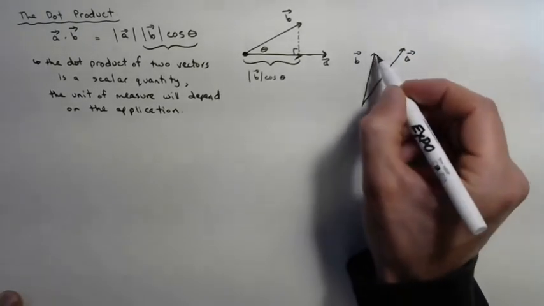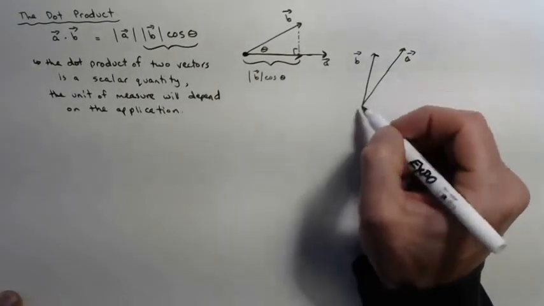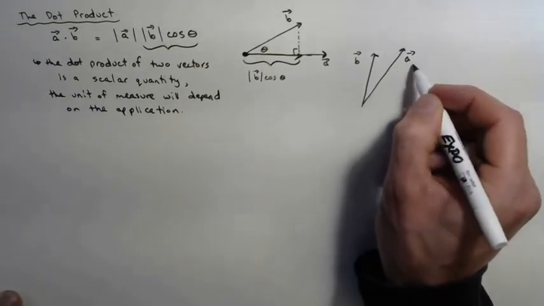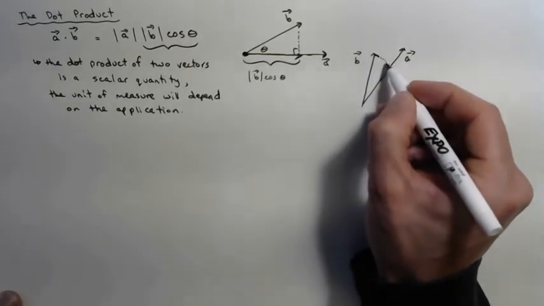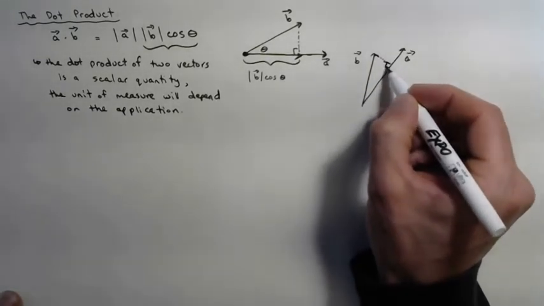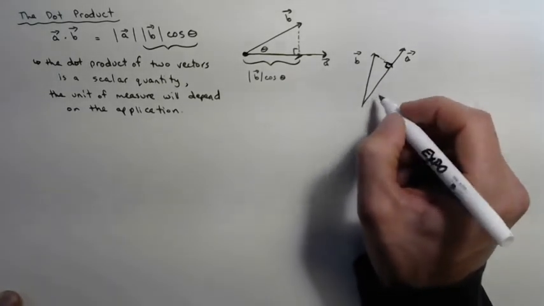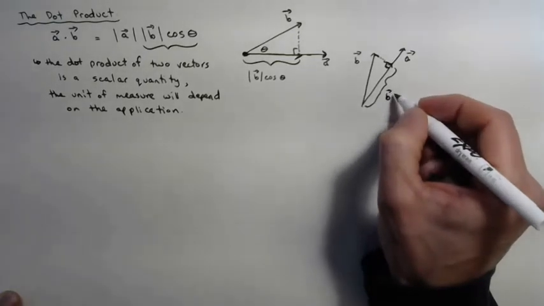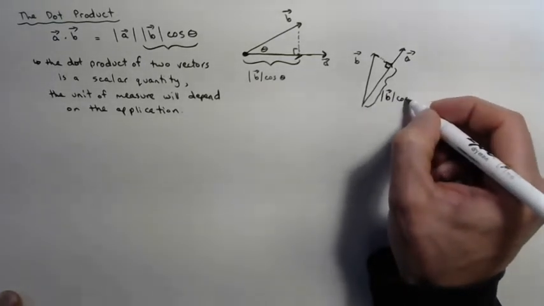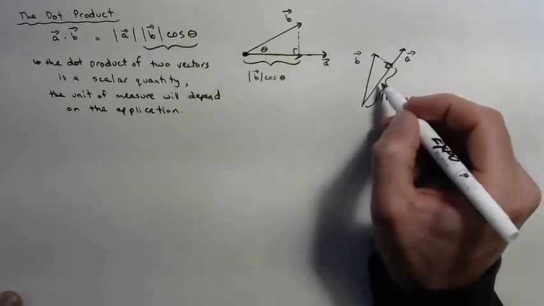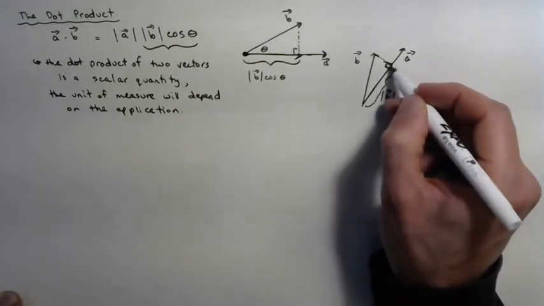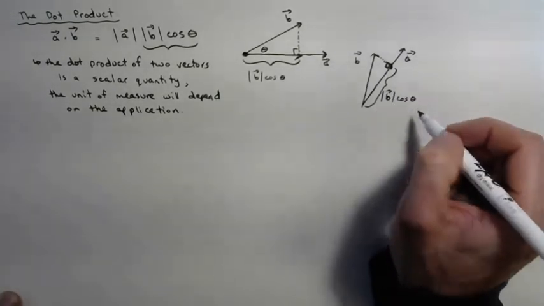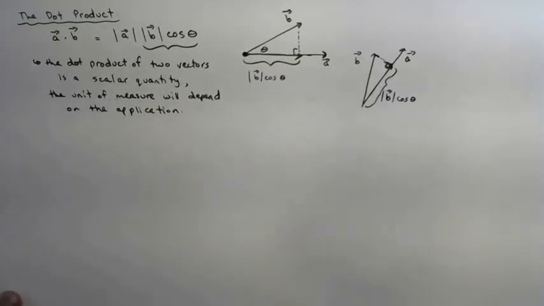And then this component of B is going to be the same direction as the first vector, as vector A, and this component of B is going to be perpendicular to vector A. Okay, so here I have the exact same diagram, where here we have the magnitude of B times the cosine of angle theta, because that's the component of B that's heading in the same direction as the initial vector, the first vector A. And then we're going to just multiply those guys together to get the dot product.